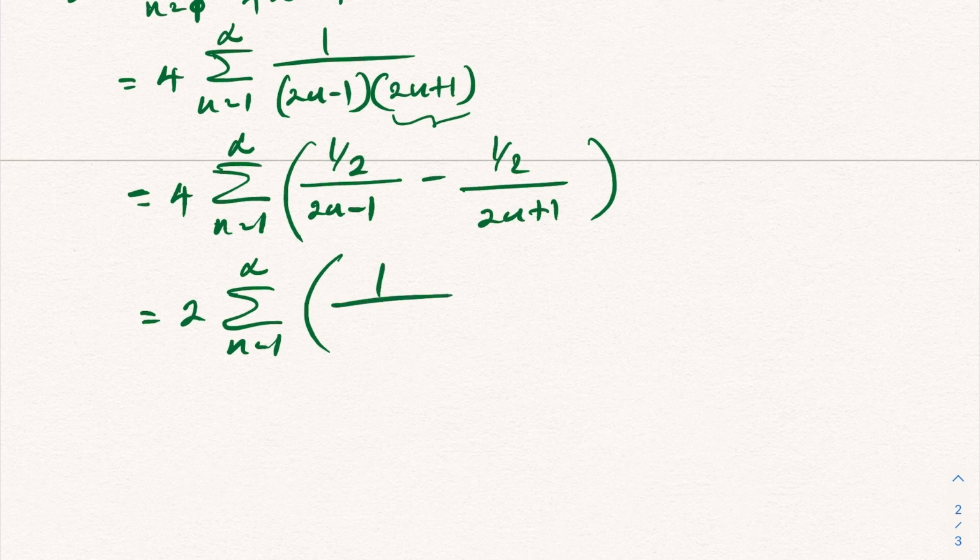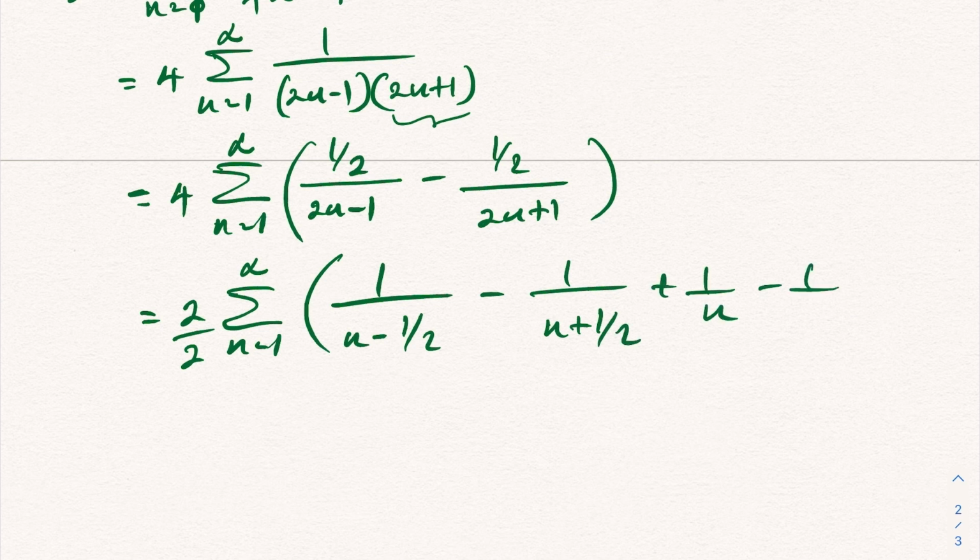I'm going to take 2 as a common factor. So here 2 times 1 over n minus 1/2 minus 1 over n plus 1/2. And I'm going to add plus 1 over n, also subtract 1 over n, because I'm going to apply the series representation of digamma function. Now these two get cancelled.